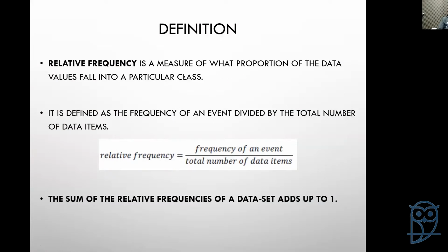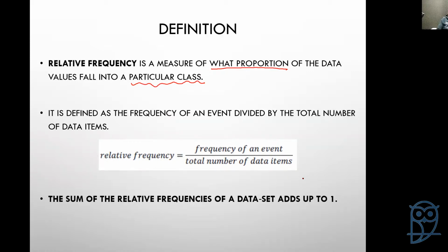Relative frequency is a measure of what proportion of the data falls into a particular class or class interval. All right. So you may have heard of relative frequency when it comes to probability. And you know in probability, there are specific outcomes of events.